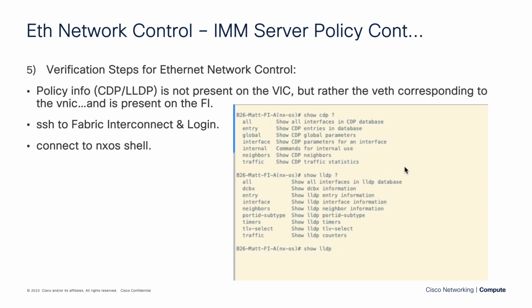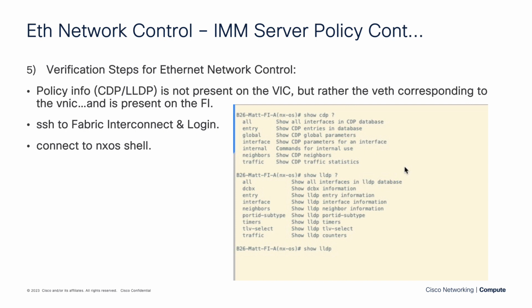Okay, so let's talk a little bit about verification for the settings for the Ethernet network control. In this case, the policy, like whether you're setting CDP or LLDP, those settings aren't really present on the physical NIC, but rather the VETH, the virtual Ethernet adapter corresponding to the vNIC that you create with the LAN connectivity policy, and is present on the FI.